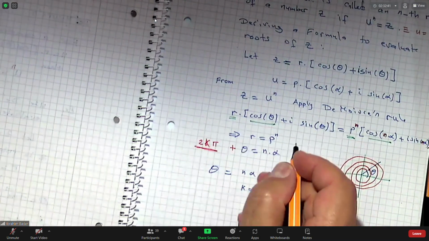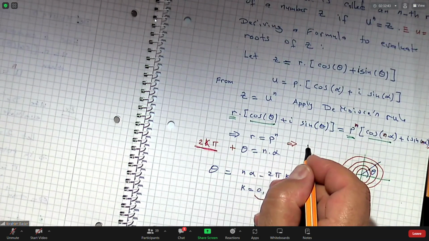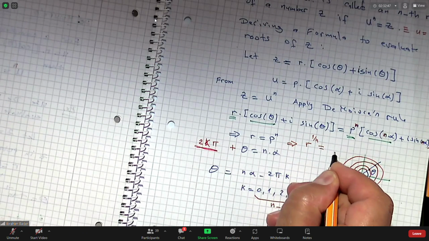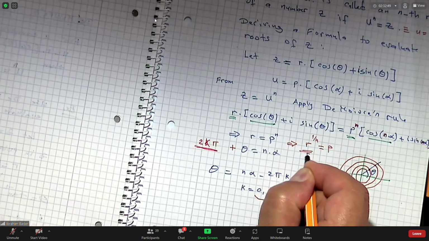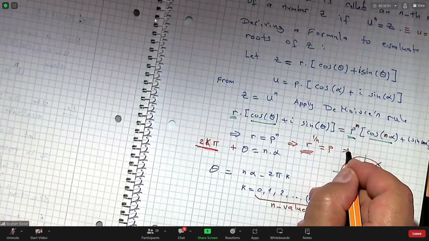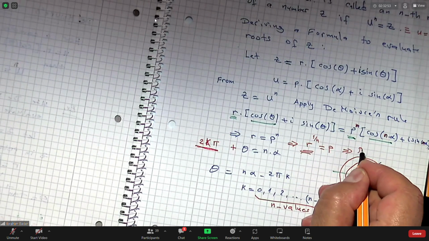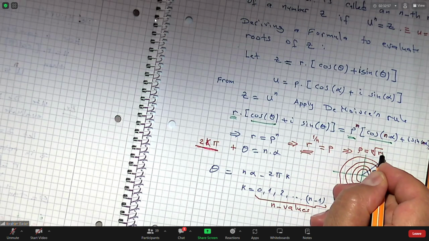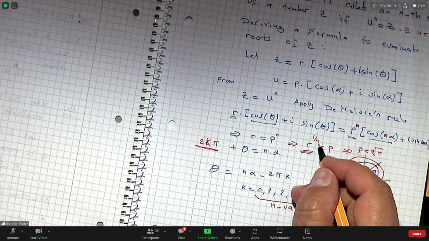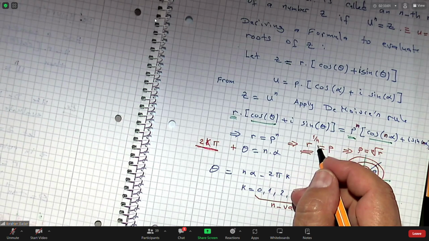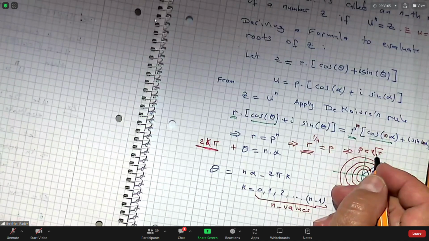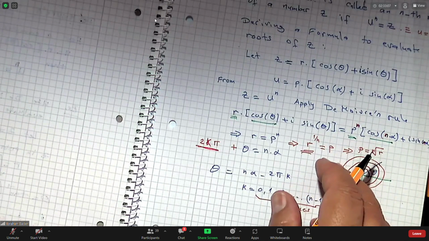Here, for a normal number, r to the power 1 over n equals p. So p equals the nth root of r. This is the meaning of 1 over n root. As you know, you can just transfer an exponent into a root.